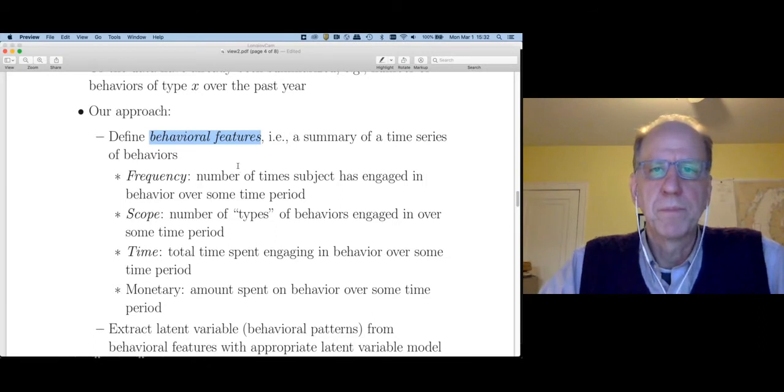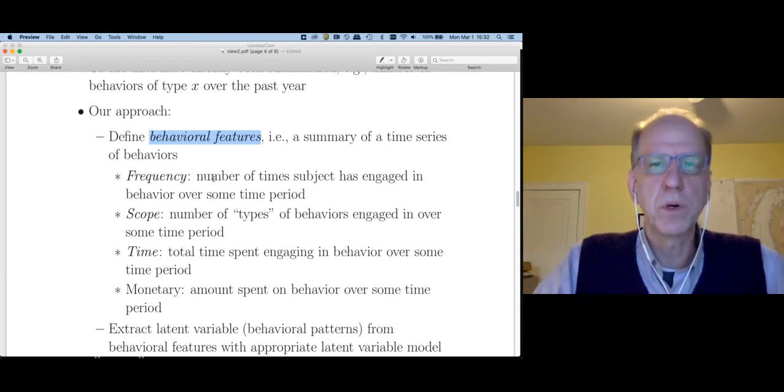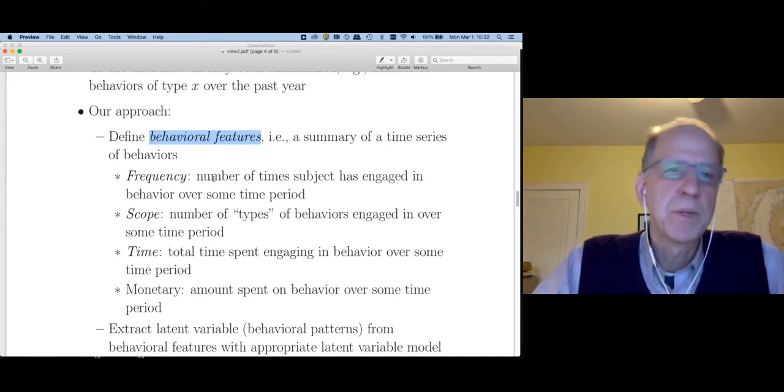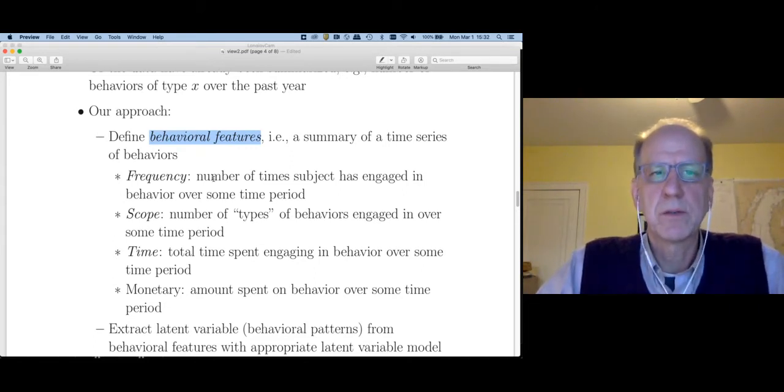So for example, frequency could be the number of times that the subject has done something. This could be the number of times that I watched a particular television show. It could be the number of times that I ordered from a company. It could be the number of times that I visit a website to read the news.